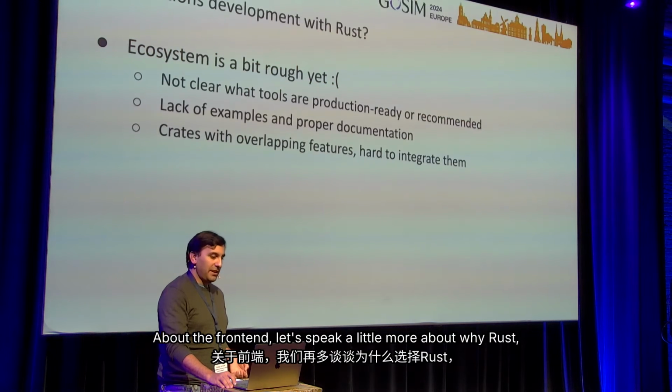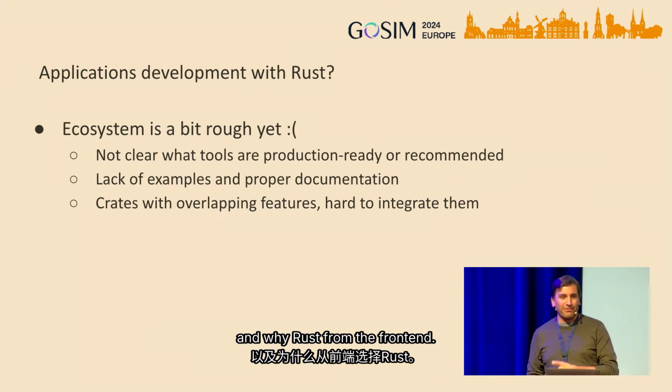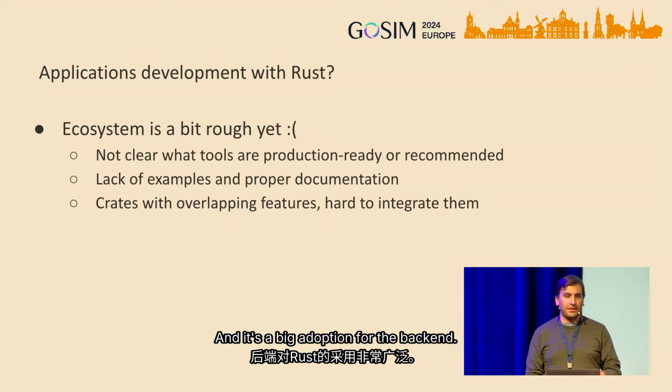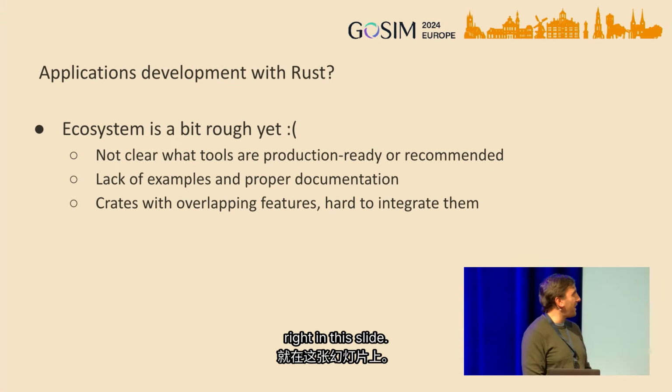About the front end, let's speak a little more about why Rust and why Rust for the front end. Because the backend, I think, is where more people are using Rust, and it's a big adoption for the backend. But for application development, the ecosystem is still a bit rough, as I write in this slide.